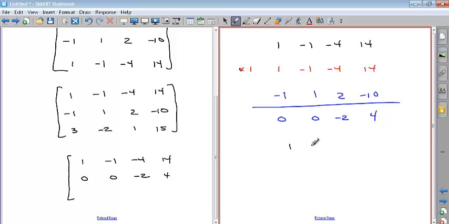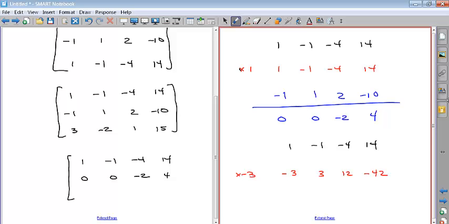So again, we'll start with the first row. And what we want to do is eliminate this to go to 0. So multiply the first row by negative 3. So each of those numbers by negative 3.